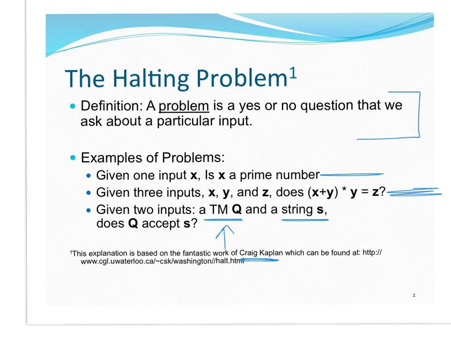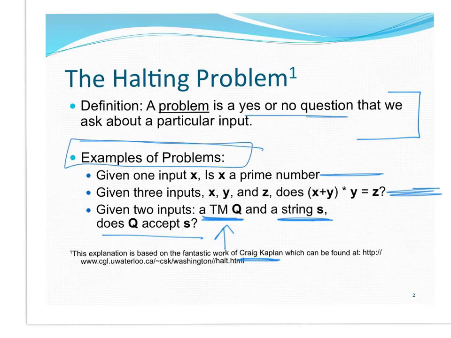But however we make these parameters to our method, we've got a Turing machine Q, we've got a string S, and the question is, does Q accept S? So these are just examples of problems. Remember, a problem is a yes or no question that we ask about input.